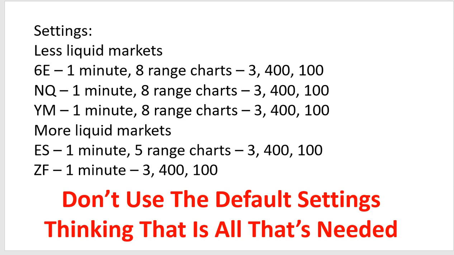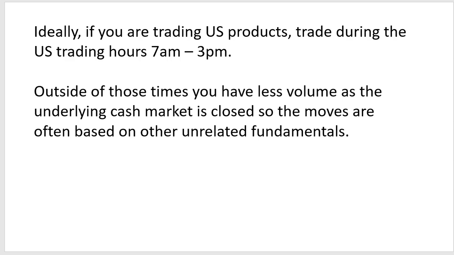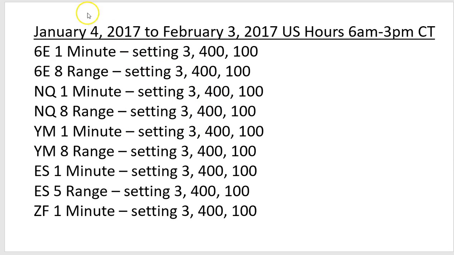All you've got to do is click on the chart, open it up, go into this thing here, put 3 there, put 400, put 400, put 100. That's all you've got to do. It'll take you less than 20 seconds to do, and just save your template. So let's run through a bunch of charts from the first week of January to the first week of February.